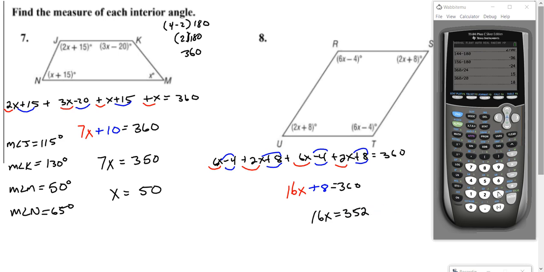And 352 divided by 16, I hope that comes out evenly. Oh, good, 22. All right, so for each of these angles, measure of angle R, measure of angle S, measure of angle T, and measure of angle U, we're going to plug that 22 in.